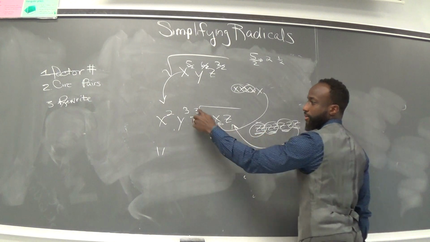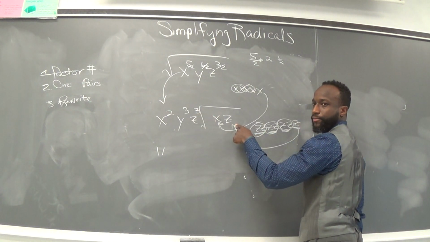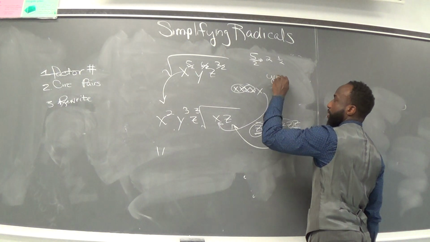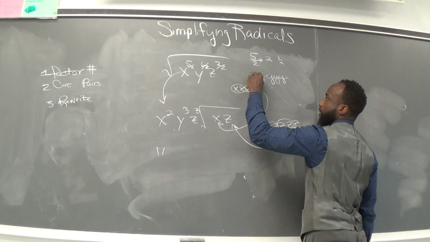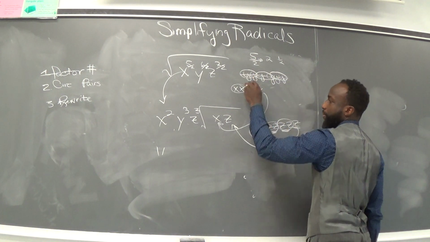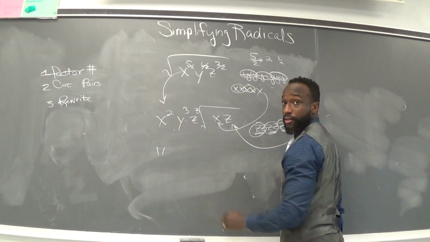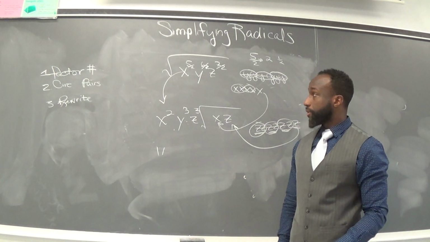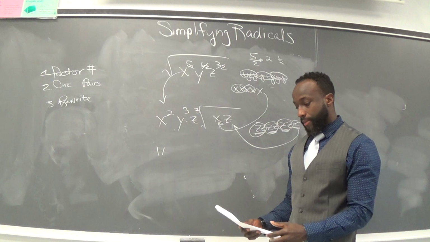So you have 3 pairs, 1 left over. Okay? And then with the Y's, you just had 6 of them. 1, 2, 3. 3 pairs, they go outside. Do you understand that? Yes. Okay. And that's pretty much it.